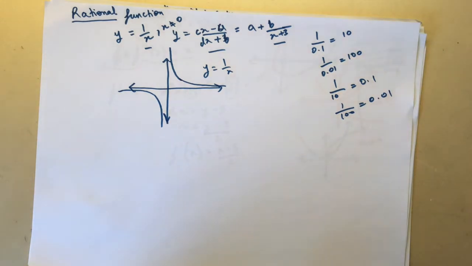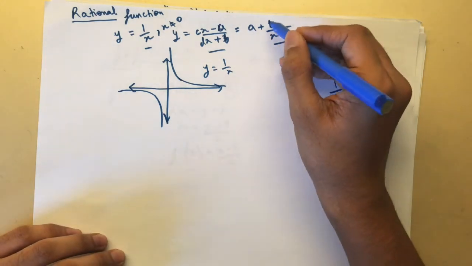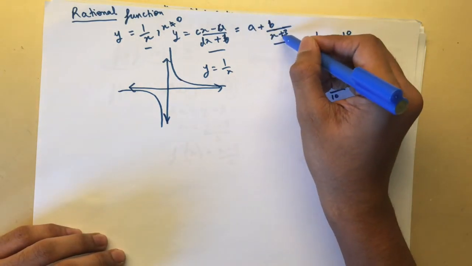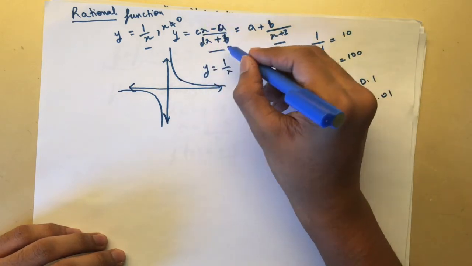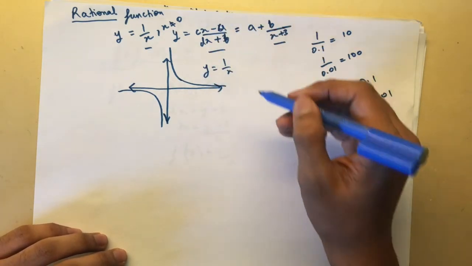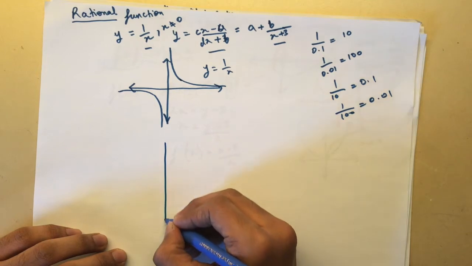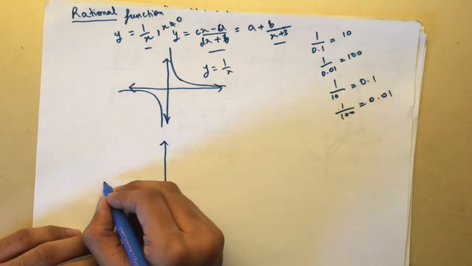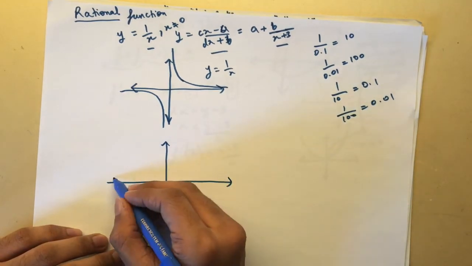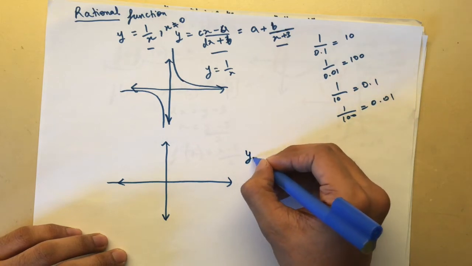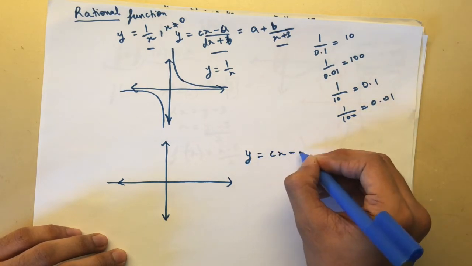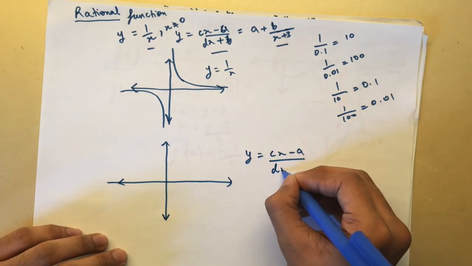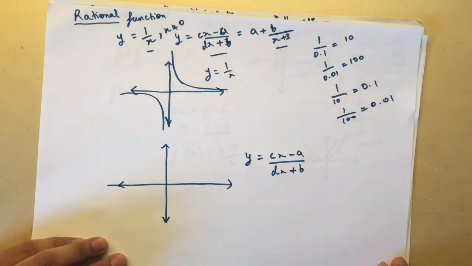And now, this function can always be written in a form like this. Say we have a function such that y is equal to cx minus a upon dx plus b.